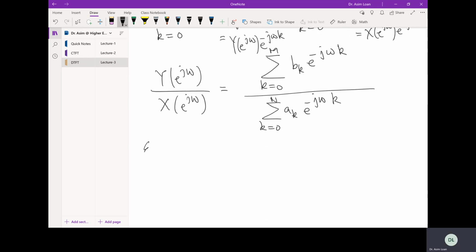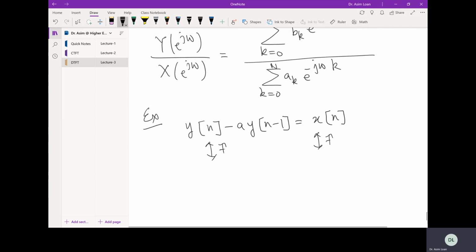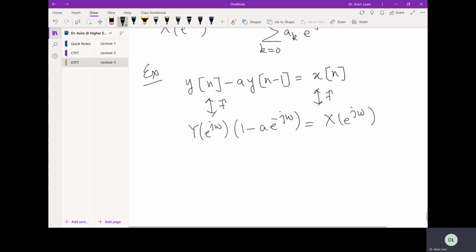So let's do some examples. First order equation: y[n] minus a y[n minus 1] is equal to x[n]. If I take the Fourier transform of both sides, I have Y(e^{j omega}) times (1 minus a e^{-j omega}) equals X(e^{j omega}). This is exactly the same as we did for the continuous time case.